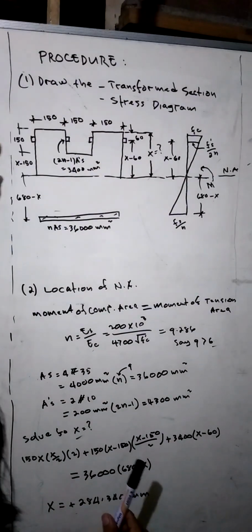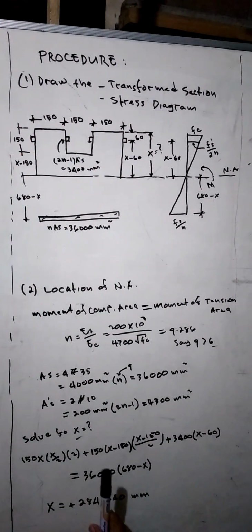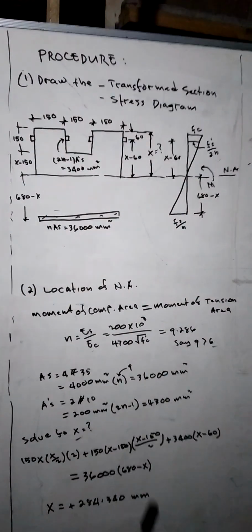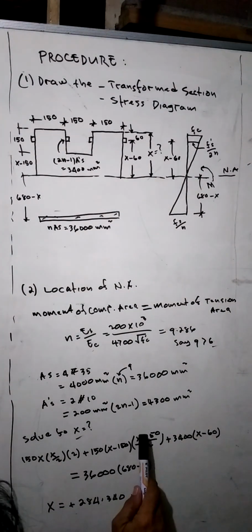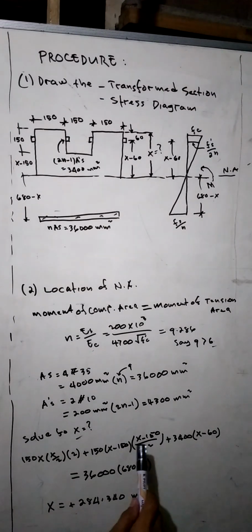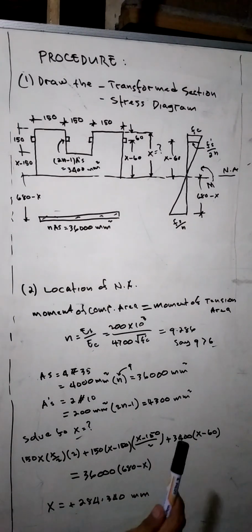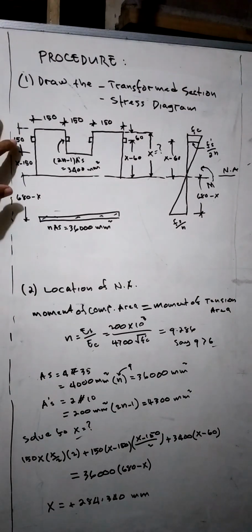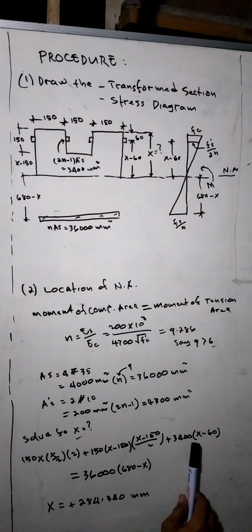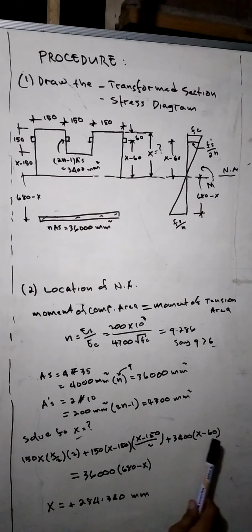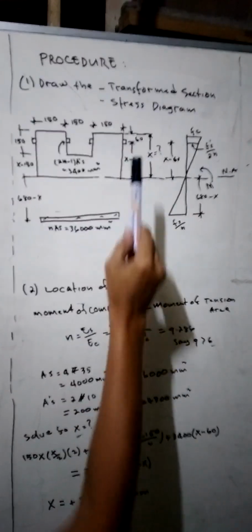The height of this is x minus 150, and times the distance of the center of gravity, x minus 150 divided by 2. Then plus the transform area of the compression bar, 3400 times x, this one, times x minus 60.